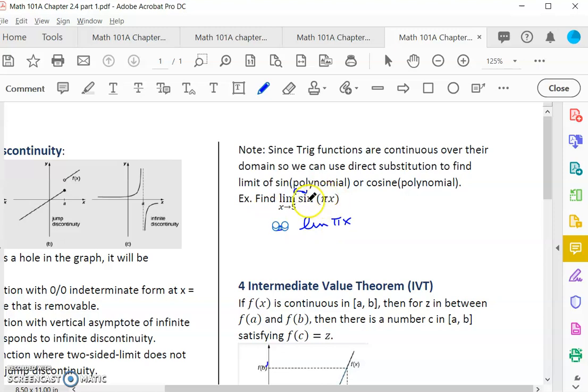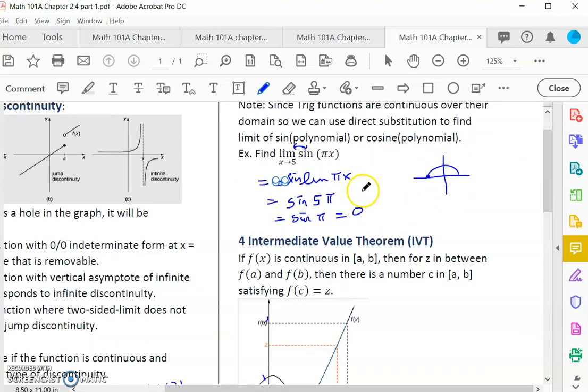The inside is pi x, the outside is sine, so we can do the limit of the inside first and then apply sine. The limit of the polynomial pi x inside is equal to 5 pi. So the limit is actually sine 5 pi, which is the same as sine pi because of coterminal angles. Sine pi is what? The y coordinate is 0, so it is equal to 0.